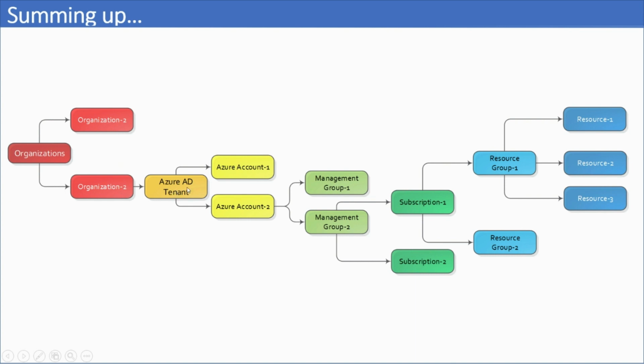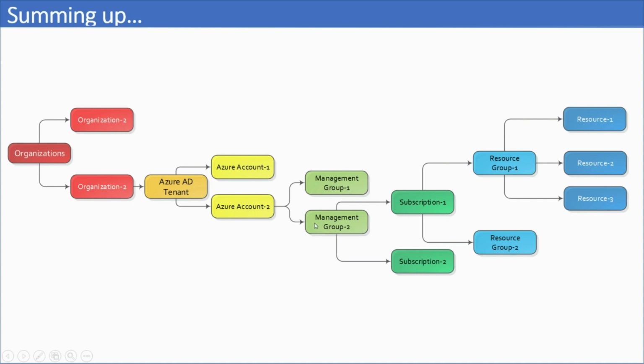In the Europe region, they can have an Azure AD tenant that takes care of the tenancy related to Europe, and it will have two different Azure accounts, 1 and 2. Azure account 2 will take care of the financial business related IT development or servicing, within which we can have management group 1, management group 2.